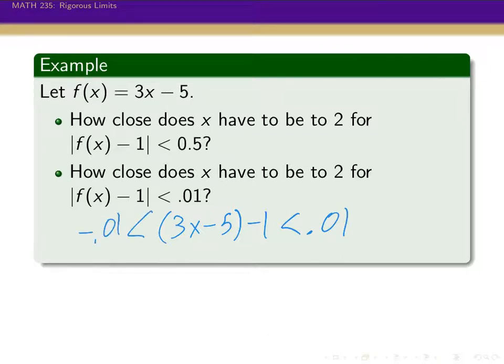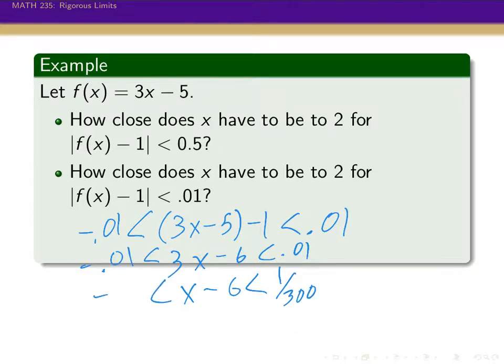But we can do the exact same thing we did before. This turns into 3x minus 6 between 0.01 and minus 0.01. We can pull out the 3 and divide it out. And we're going to have x minus 6 is less than, so 0.01 is 1/100th divided by 3 gives me 1/300th. On the other side, I had minus 1/300th.